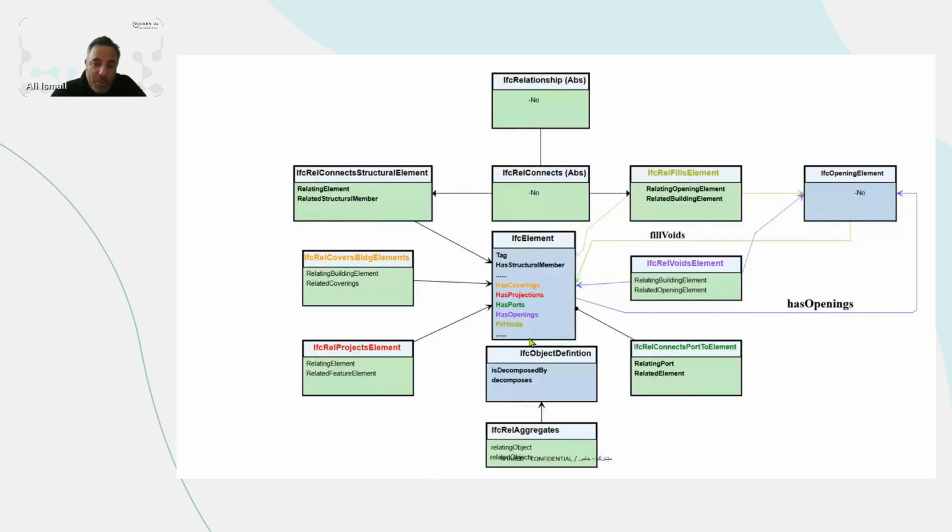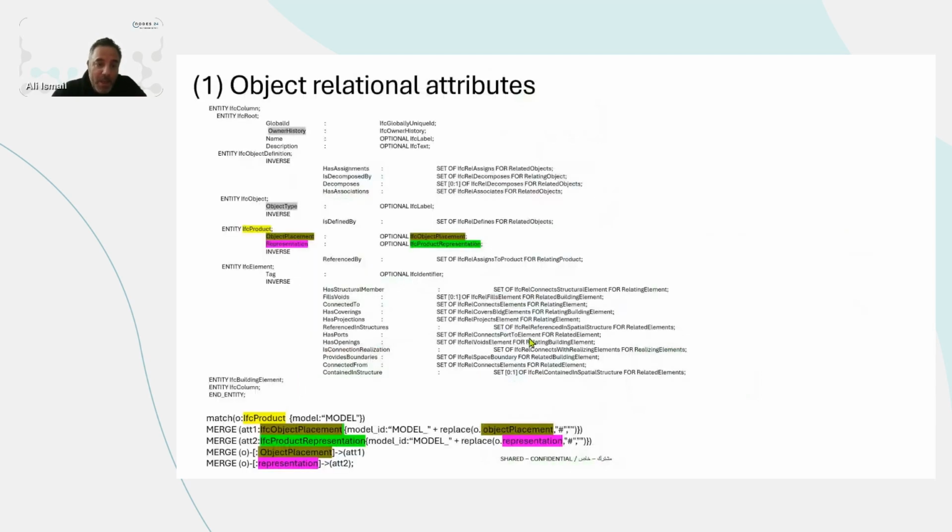If a wall has an opening, there are two relationships, IfcRelFillsElement and IfcRelVoidsElement, and at the end this will generate, for every element which has an opening inside it, such as a wall, two relationships, fills and voids. Sorry, maybe fills is for the windows and doors, here there is a mistake, but at least the IFC element, such as a wall, has an opening.